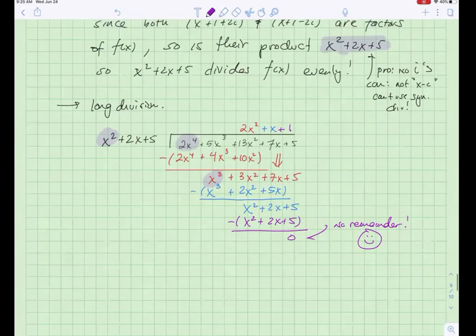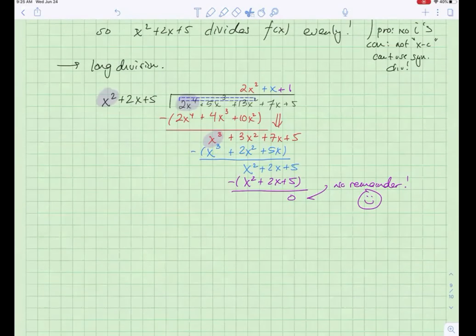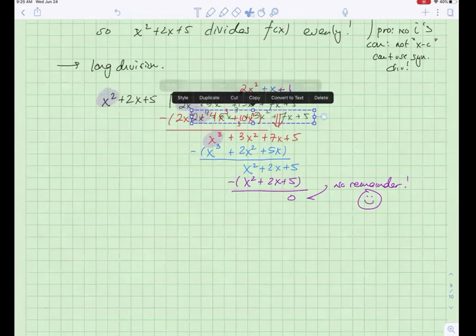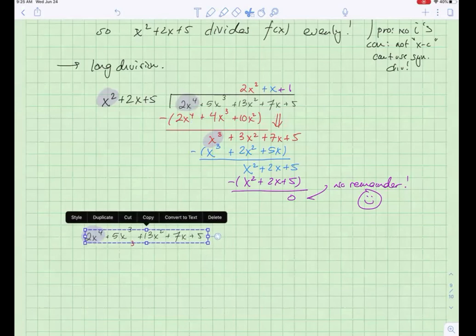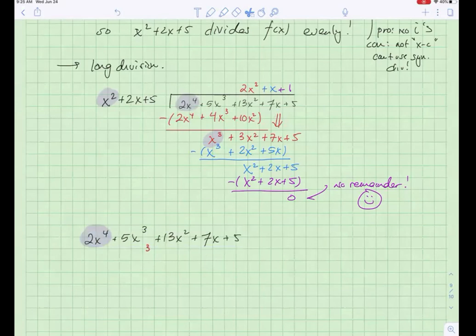So this polynomial f of x is equal to x squared plus 2x plus 5 times 2x squared plus x plus 1.